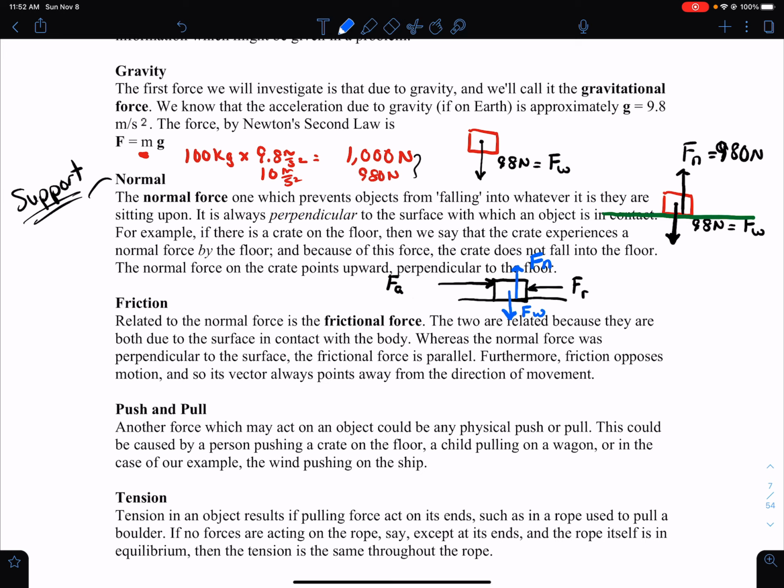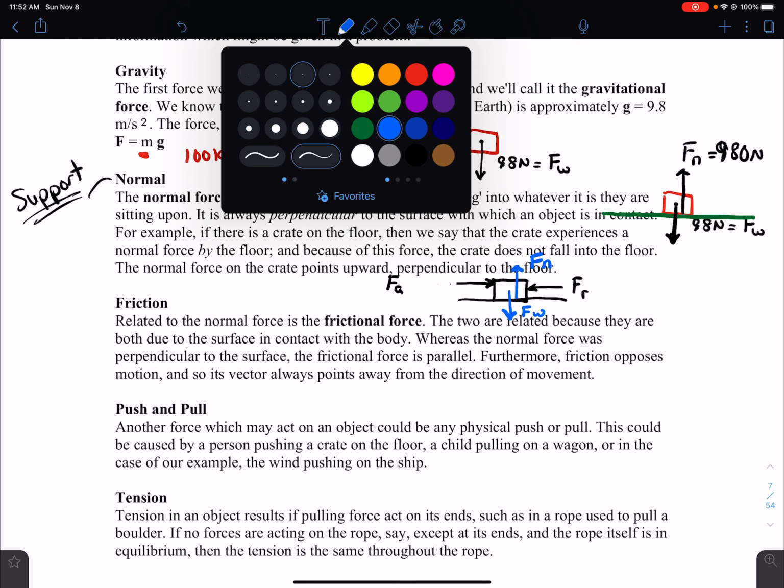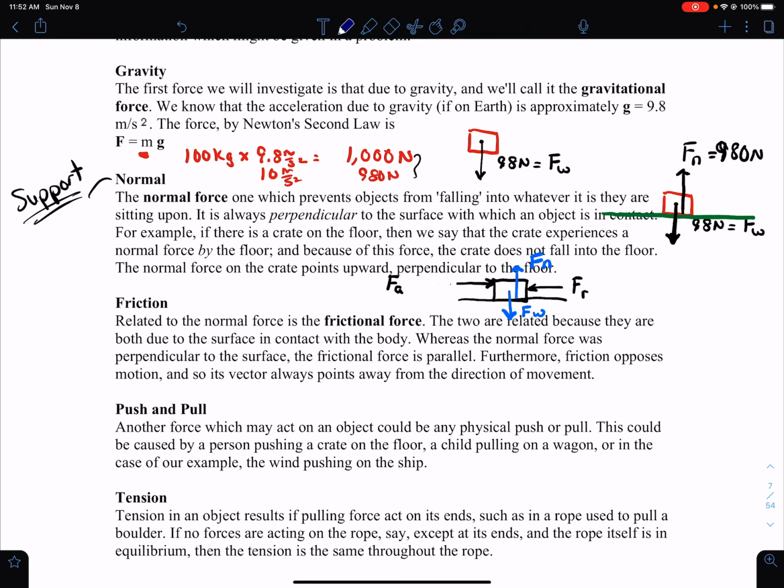All right. Now, we know that the blue vectors, the weight and the normal force, they're equal to each other. When we're looking at that applied force, in this case, let me make this to where they're both equal and opposite. Another way that we could write this out in terms of friction, we learned before that different surfaces in contact with each other are going to have different coefficients of friction, different grippiness.